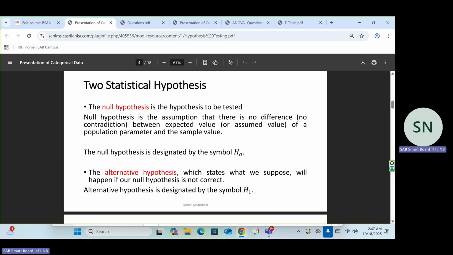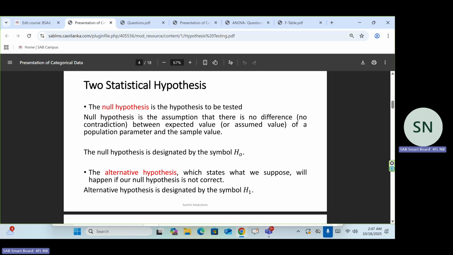We need to prove greater than 40, so we disprove the other side: less than or equal to 40. Our claim is above 40, so the other side, equal or less than 40, is the null hypothesis.